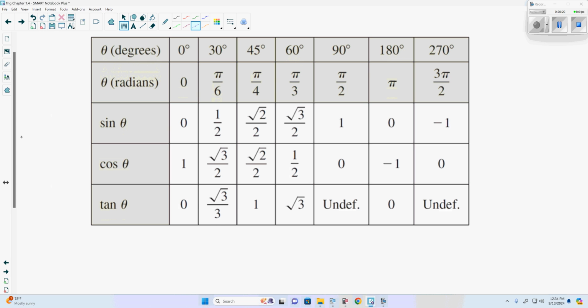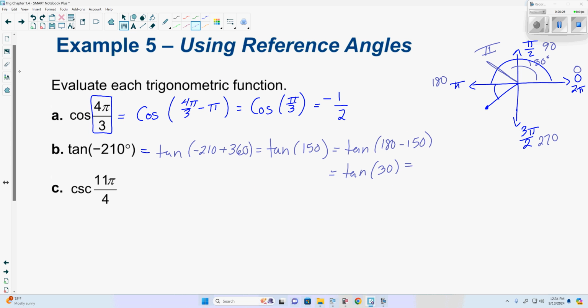Tangent of 30 is square root 3 over 3. And it would be negative because tangent's negative in the second quadrant, mainly because tangent's only positive in the first and third. So in the second and fourth, it's negative.